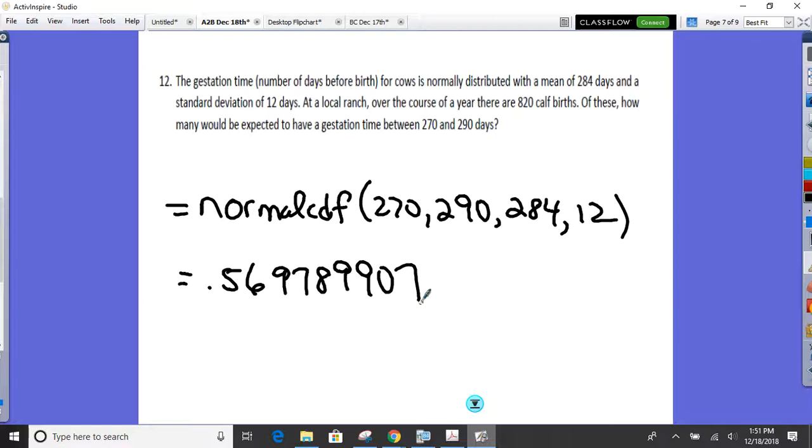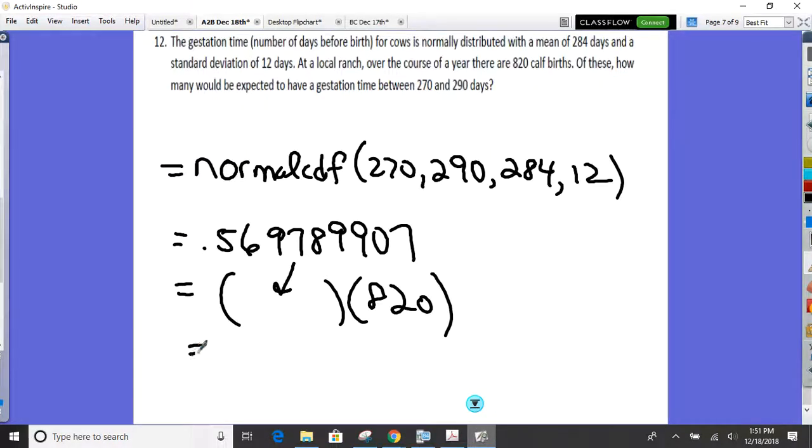So about 57% of them. How can I use that 57% and there's 820 total? Multiply, yep. So how many were between 270 and 290?